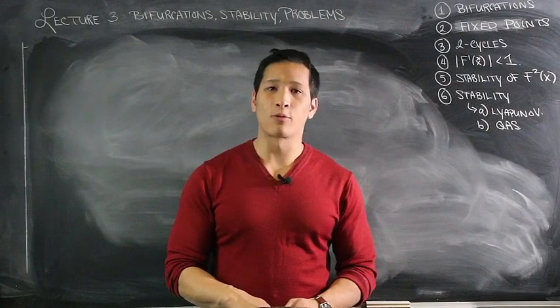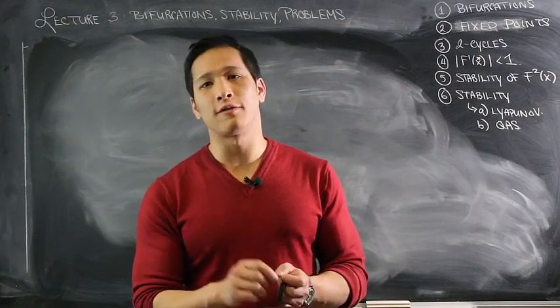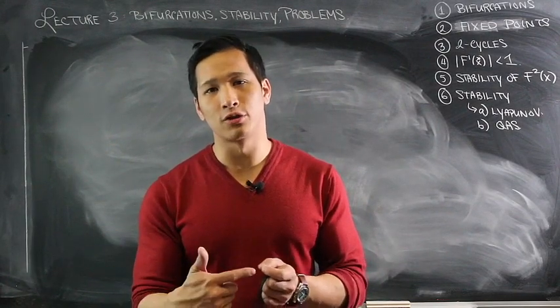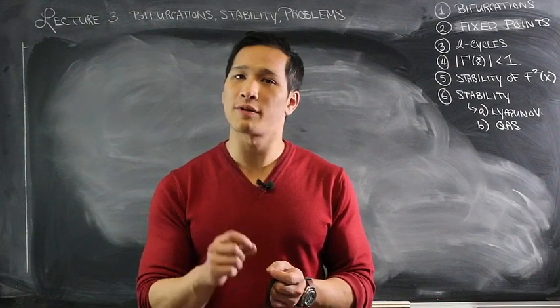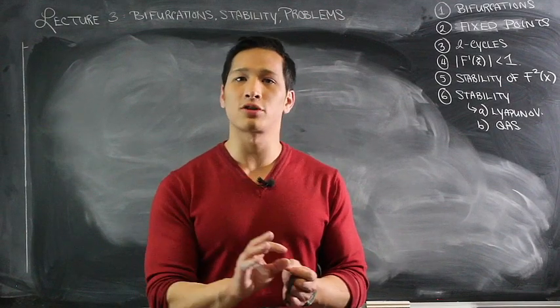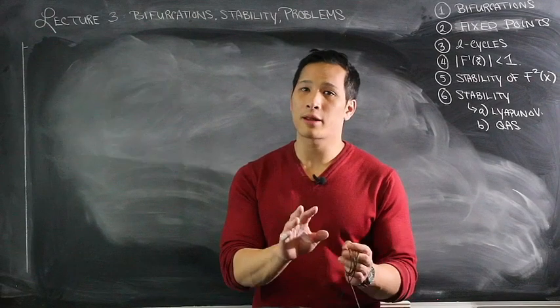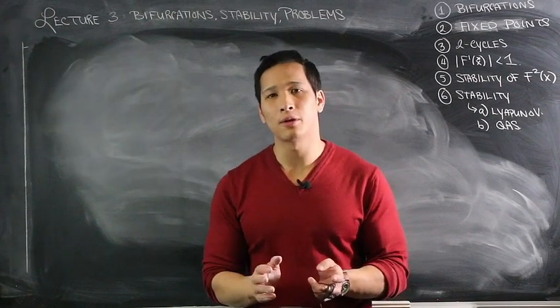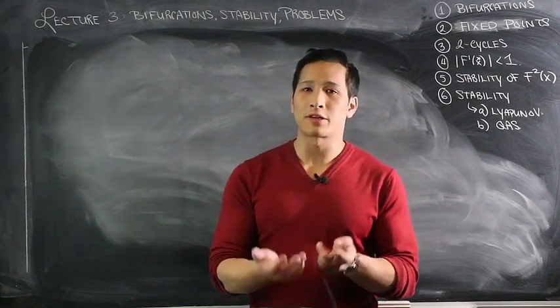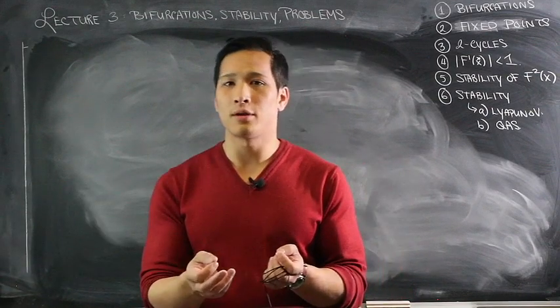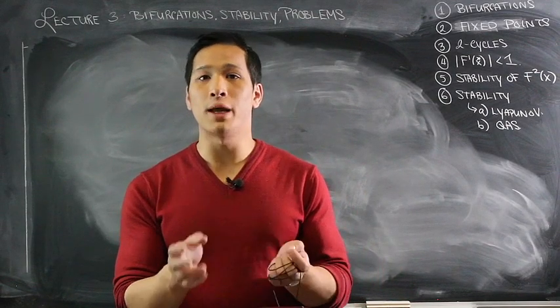The question of stability is a little bit complicated because if I say that a point is stable, then what I might mean is that if I start near the point, I converge to that point. That's what I mean by stable. If I start slightly further away from it, I eventually converge to it. That is something that I might say is stable. But I also might mean that if I start near the point in some manner, then I remain near the point.